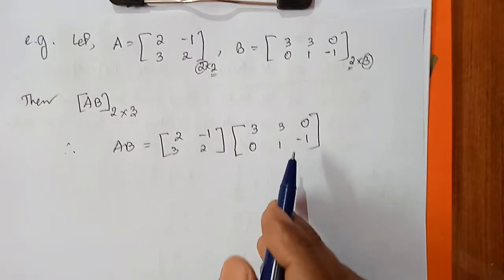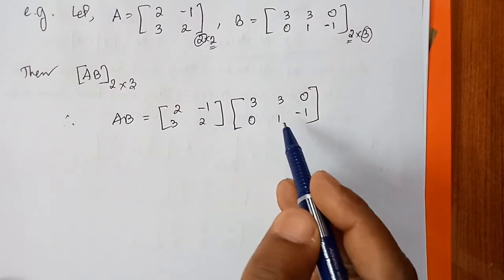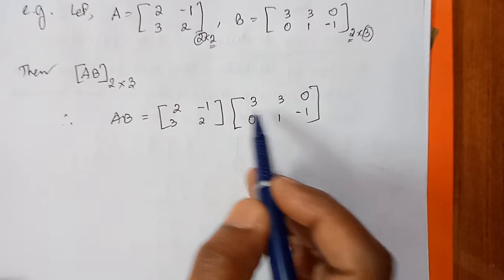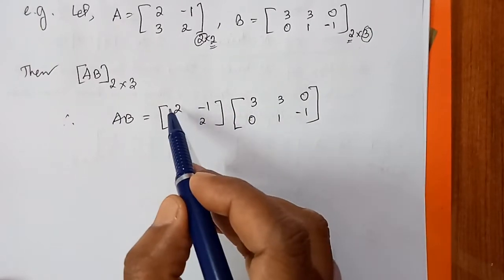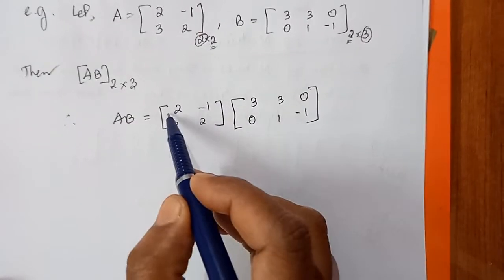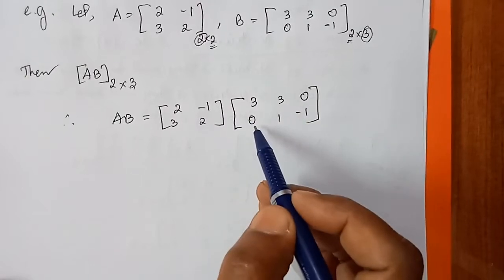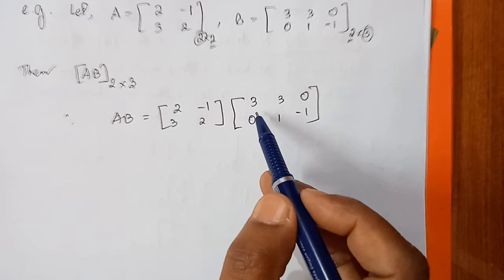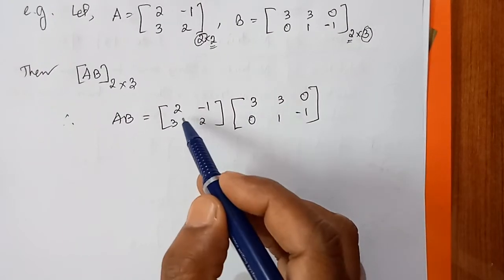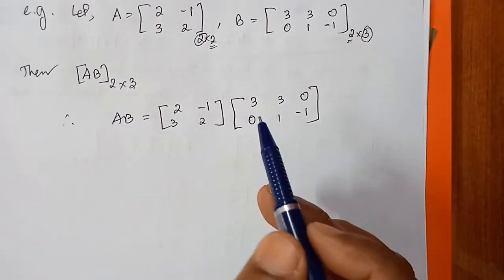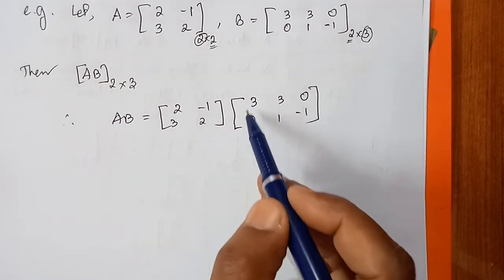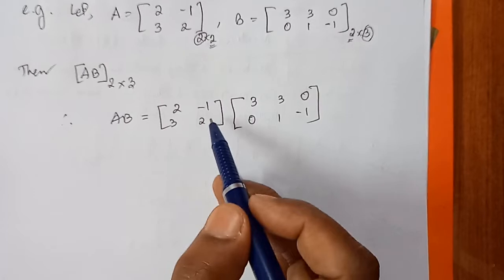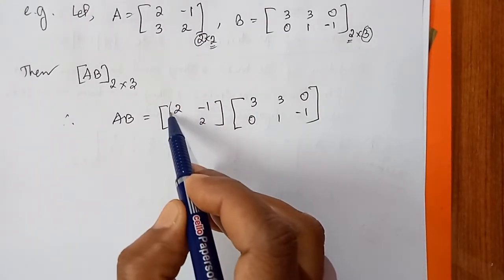So when you find the product, you have to follow the rule of the first matrix's row and the second matrix's column. Only row elements and column elements have to be multiplied. In the first matrix you choose one row, and the second matrix you multiply with the elements of each and every column. So when you multiply, first you choose the first row.